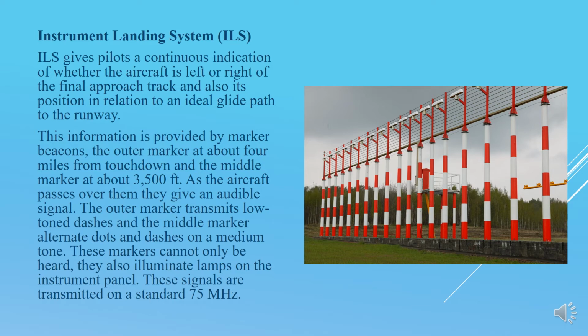As the aircraft passes over them, they give an audible signal. The outer marker transmits low-tone dashes, and the middle marker alternate dots and dashes on a medium tone. These markers can not only be heard, they also illuminate lamps on the instrument panel. These signals are transmitted on a standard 75 MHz.